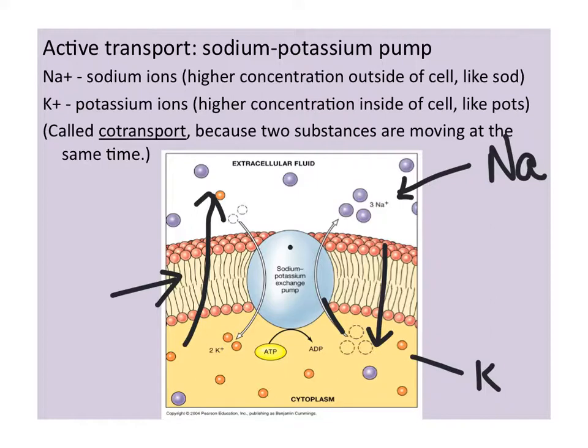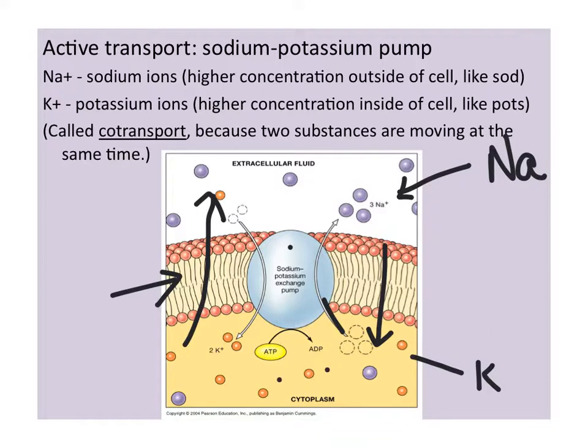Each cell is like your house. And inside your house, you have lots of pots and pans. Okay? So that's these orange potassium for pots.